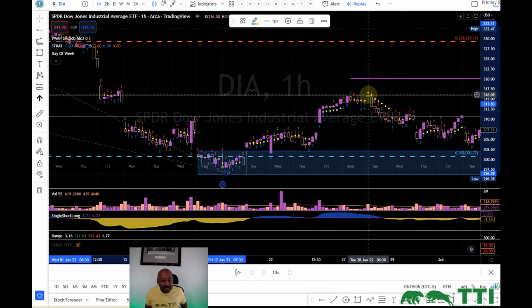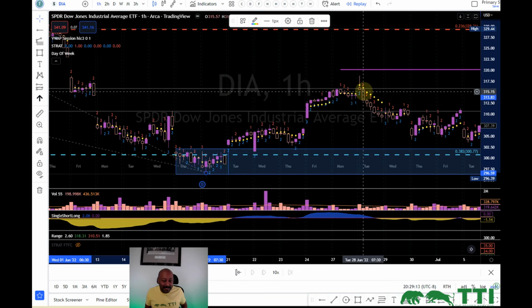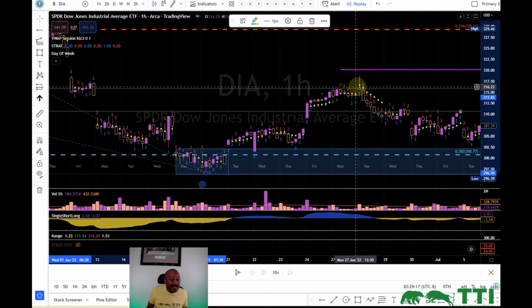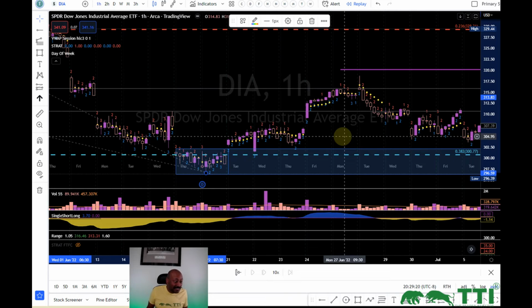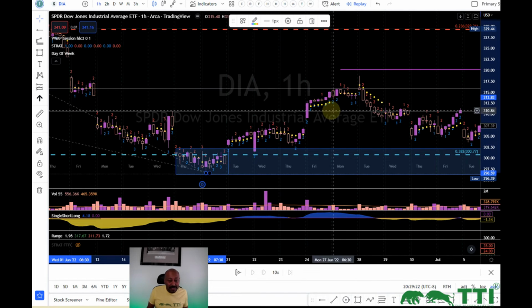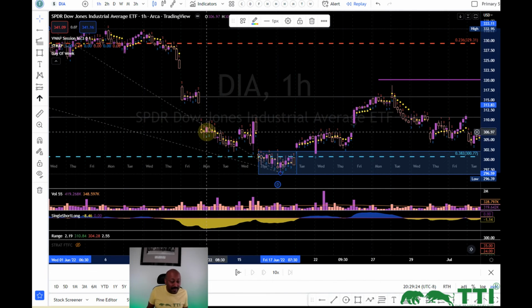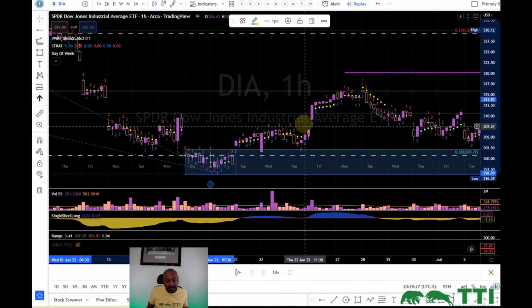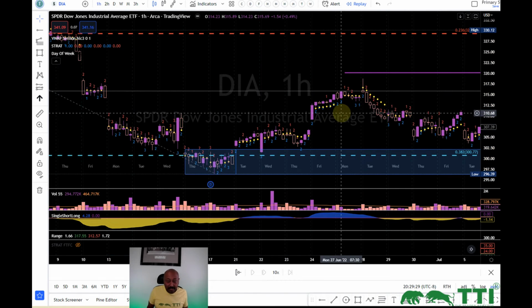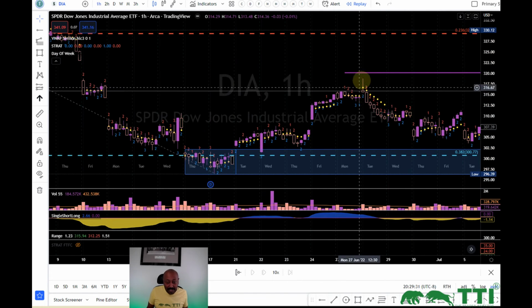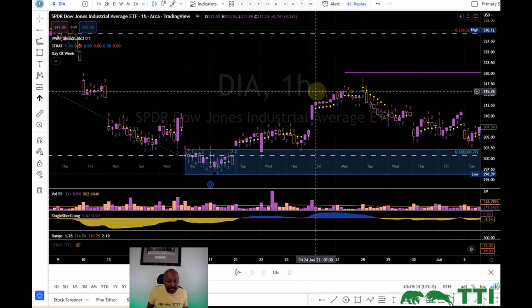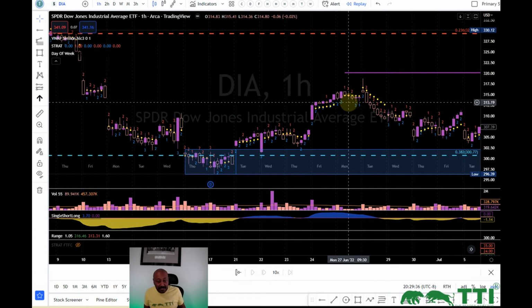Look where that inverse hammer is. It's saying if you didn't take your exit here, I'm going to take your money. These things are very, very accurate. They're extremely accurate. You just have to trust them, but you have to draw enough of them to understand. So if you didn't take your profit here and you were hoping up here, then you see this inverse hammer, that's your exit.